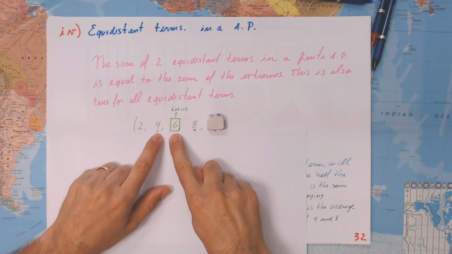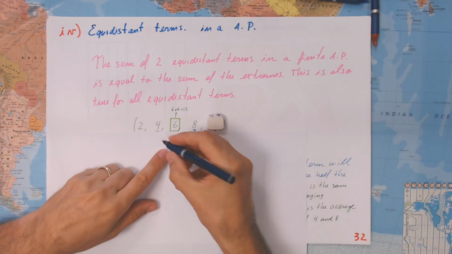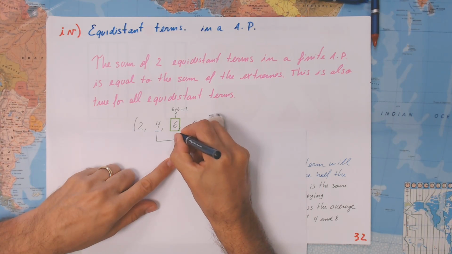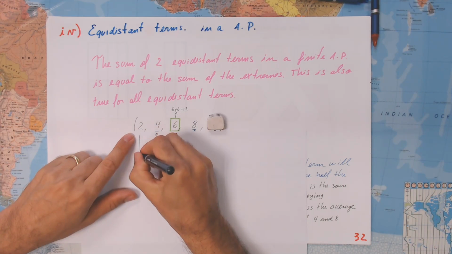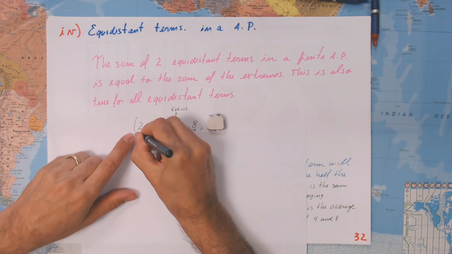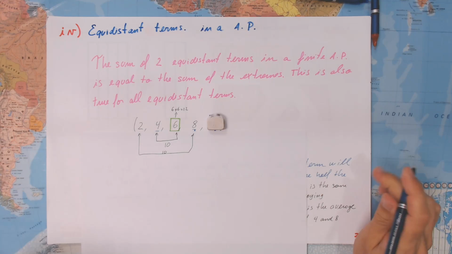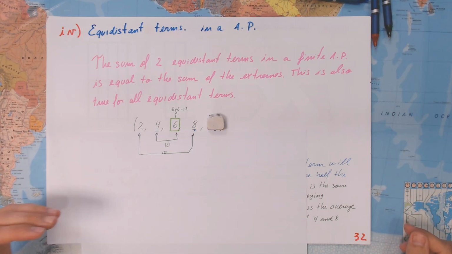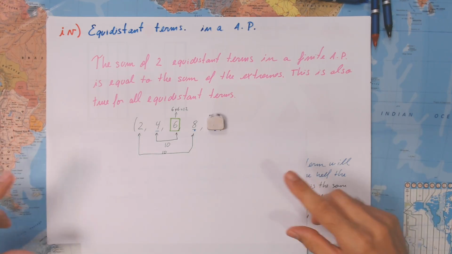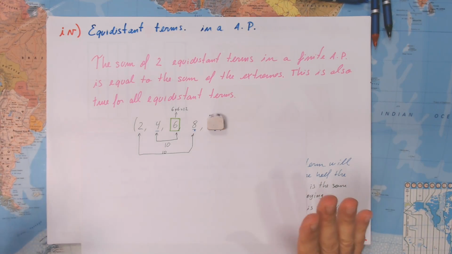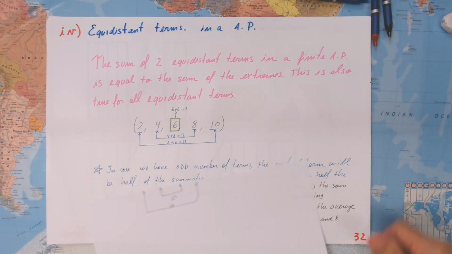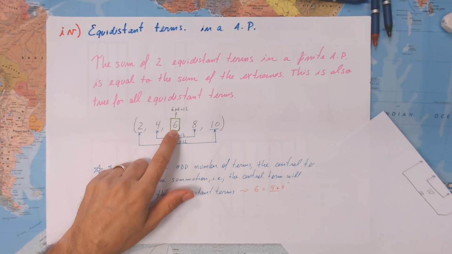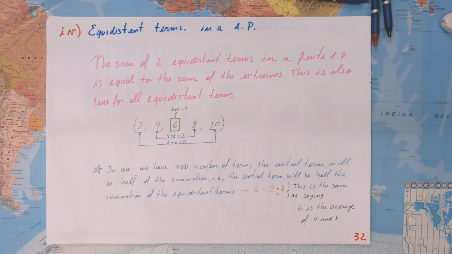So 4 and 6 must be 10. 2 and 8 must also be 10. No problems? Okay, so when we have an even amount of terms, the same works. But when we have odd numbers, the central term is just going to be added to itself, right? Nothing new in here.